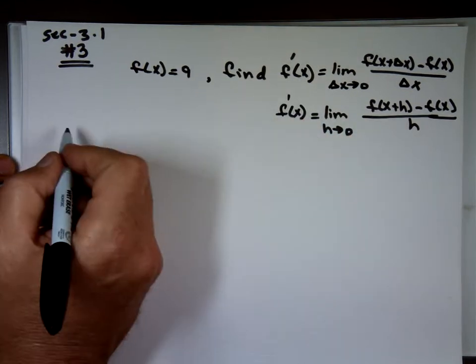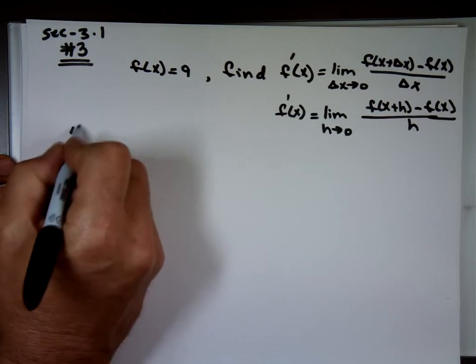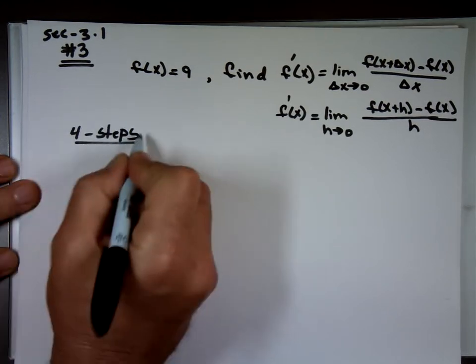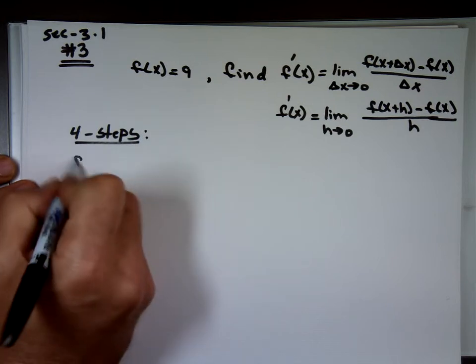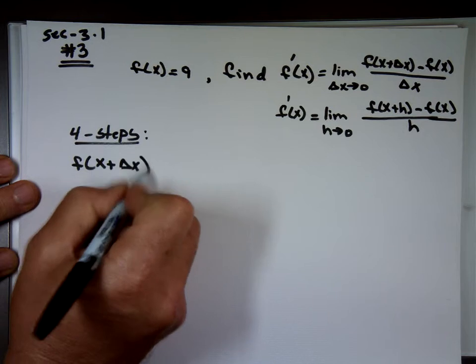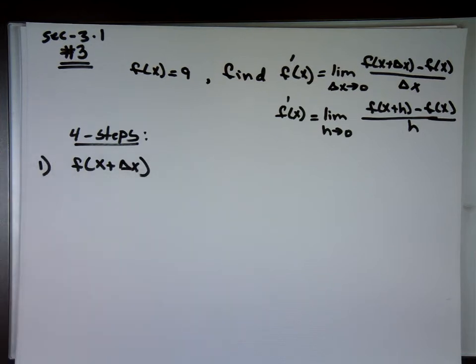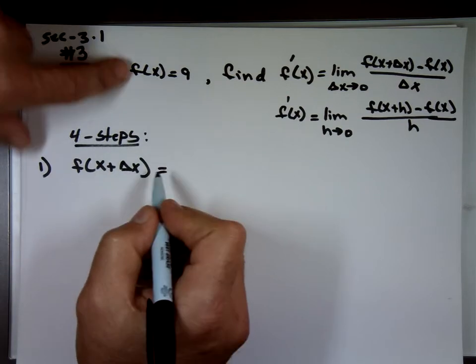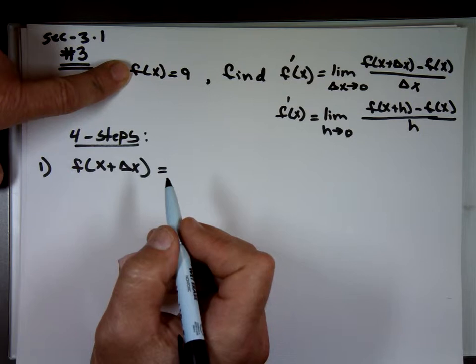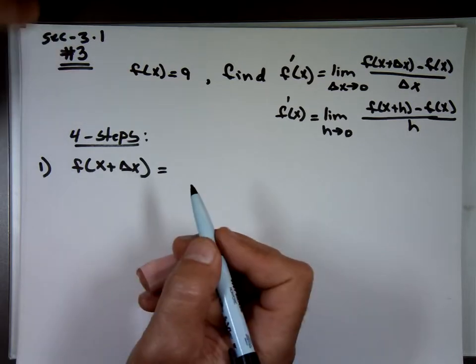And if you recall, we called this process the 4 steps. The reason we call it the 4 steps: the first step, you have to find f of x plus delta x, which says go to the f function, that's this one, and replace x with what? x plus delta x, right?